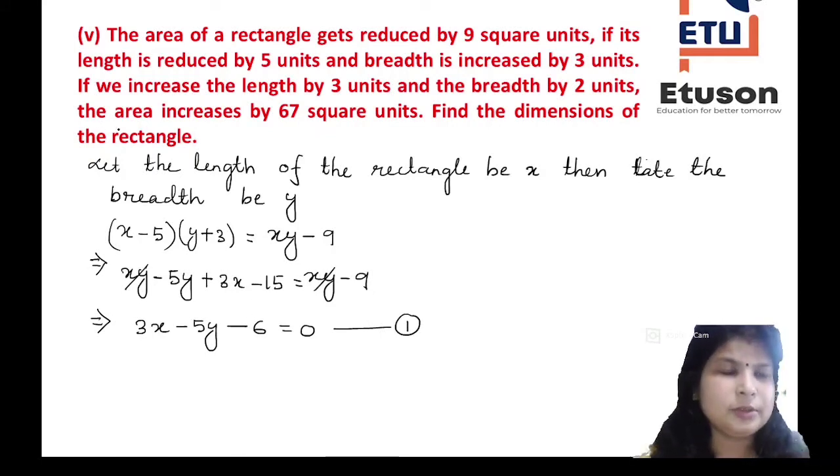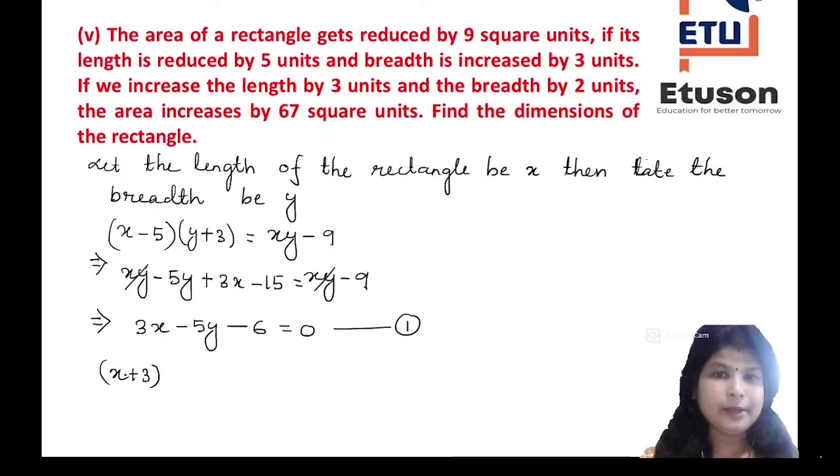Now let us read out the next statement so that you can form the second equation. If you increase the length by 3 units, that becomes x plus 3, and the breadth by 2 units, that means that becomes y plus 2. The area increases by 67 square units, that means xy plus 67. Again let us solve it.